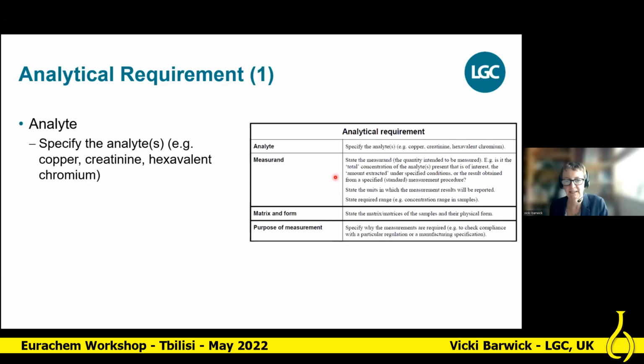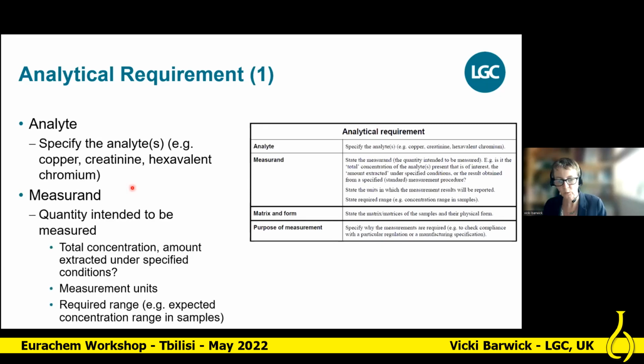So that might be specifying a particular element or elements, or perhaps a particular compound, or maybe a particular species or oxidation state for a particular element. But we also need to look in a bit more detail. So just specifying the analyte itself isn't really sufficient. So we can think in a kind of bigger picture about the measurand, and that's the quantity that we're intending to measure.